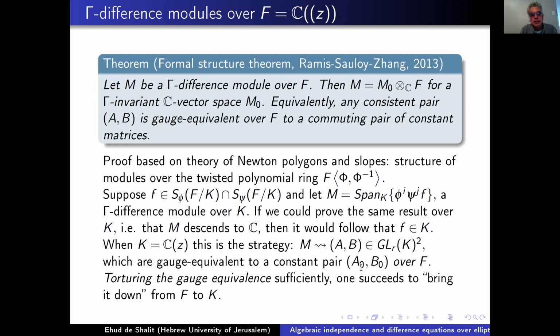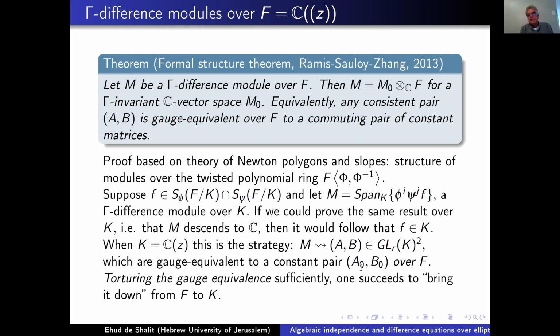And by descending to the complex numbers, I mean that there exists a gamma difference module over the complex numbers, but because the action on constants of phi and psi is trivial, this is simply a representation of gamma, or if you want, a pair of commuting constant matrices, such that M is obtained by semilinear extension of scalars.